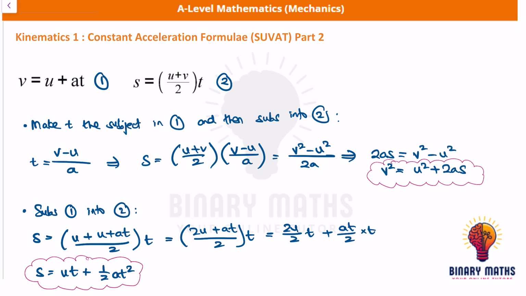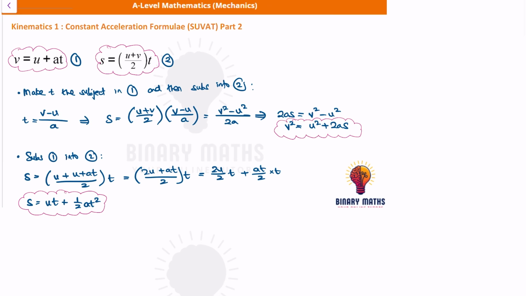So we've got already 1, 2, 3, and 4. To derive the last one, make u the subject in 1 and then substitute into 2.